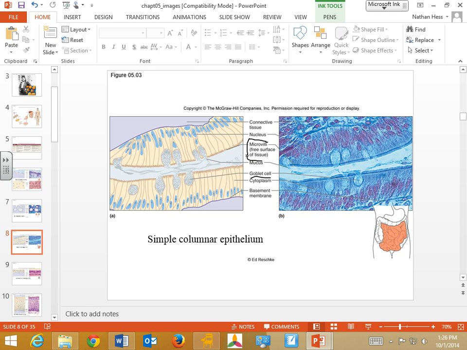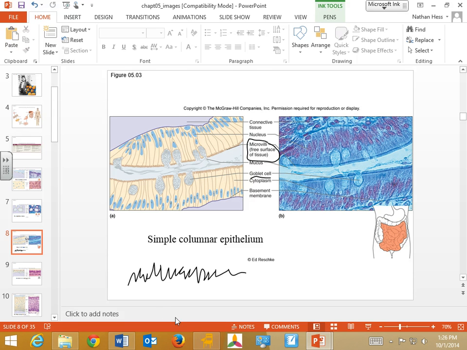The second piece I wanted to point out to you is the microvilli. Can you see? It's tough to follow, but the edge of these cells has a little up and down pattern, right? Sorry, this is from the small intestine. This would be the outermost layer that lines the inside of the small intestine.